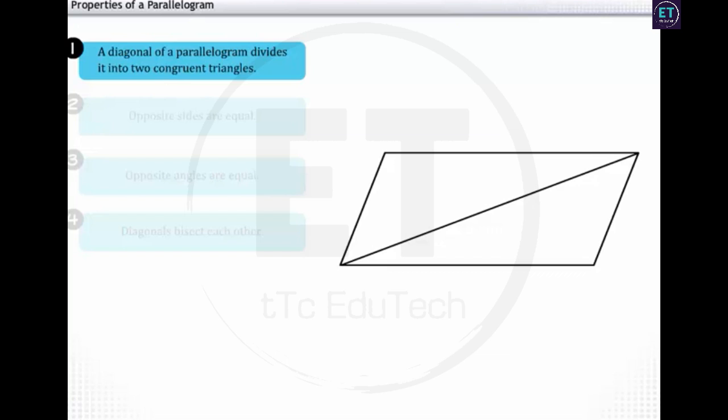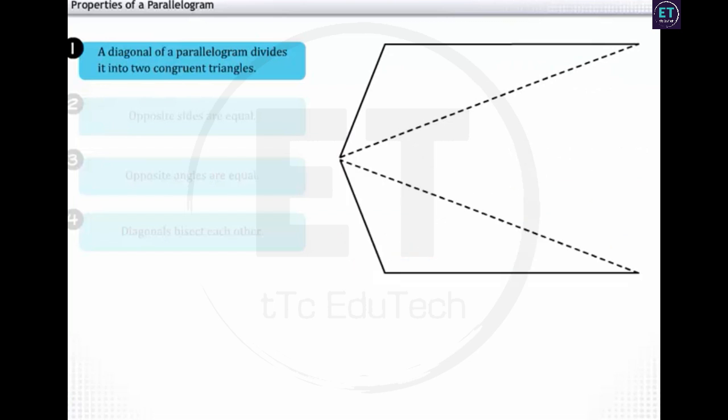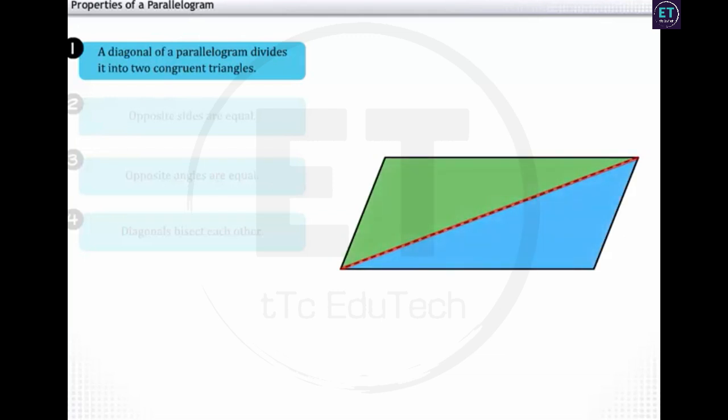It divides the parallelogram into two triangles. The two triangles coincide, which means the corresponding sides of both the triangles are equal. This implies a diagonal of a parallelogram divides it into two congruent triangles.